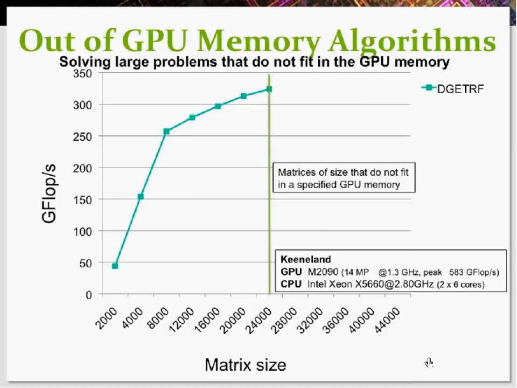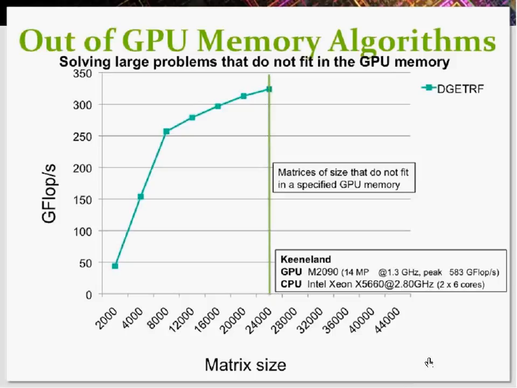Now the question is what if the matrix is too big. In this case, we cannot go beyond about 24,000 matrices. If it fits, no problem going on the GPU. If we put the entire matrix on the GPU, that's good to minimize communication, and we all want to do that.